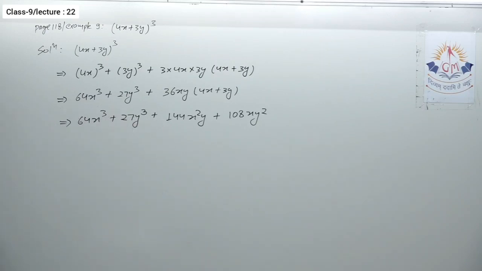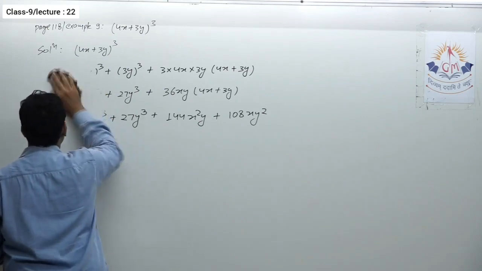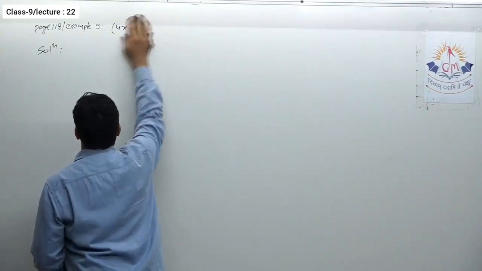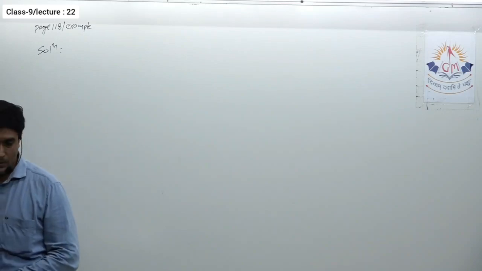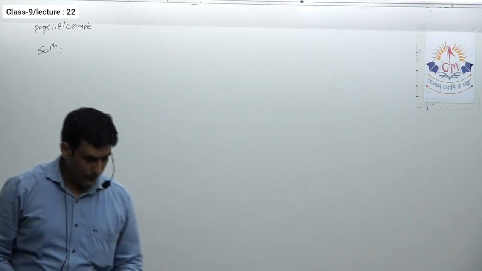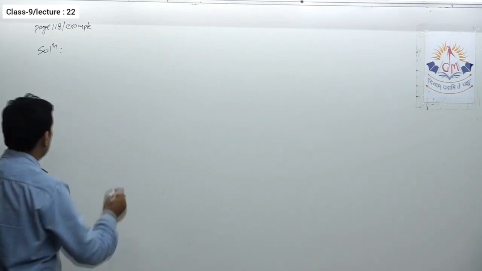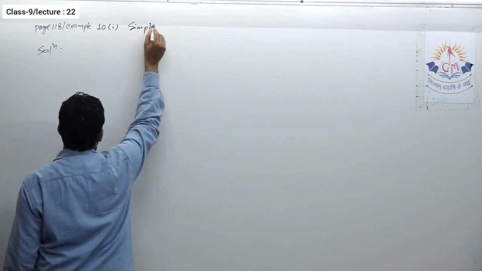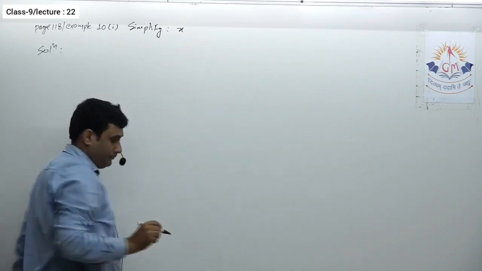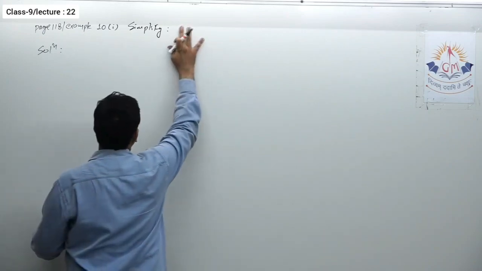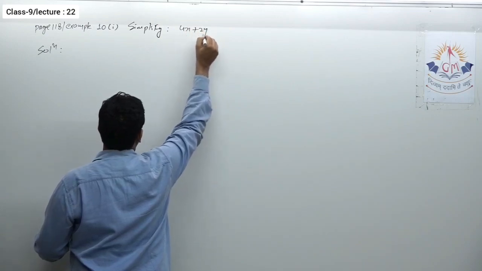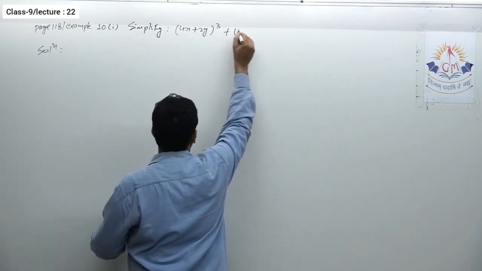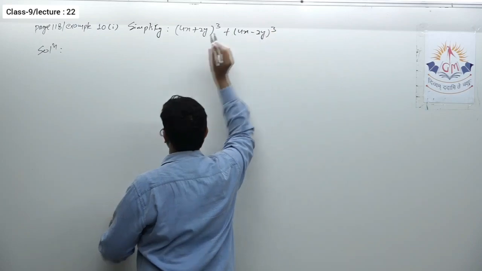Simplify the following: 4x plus 2y whole cube plus 4x minus 2y whole cube.